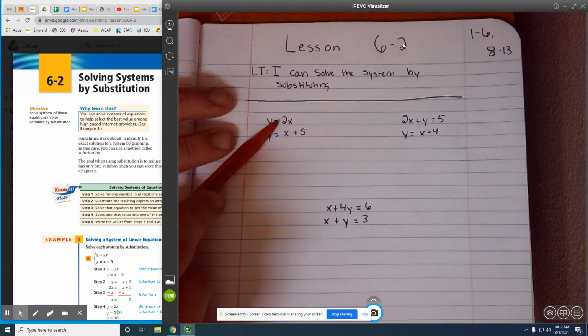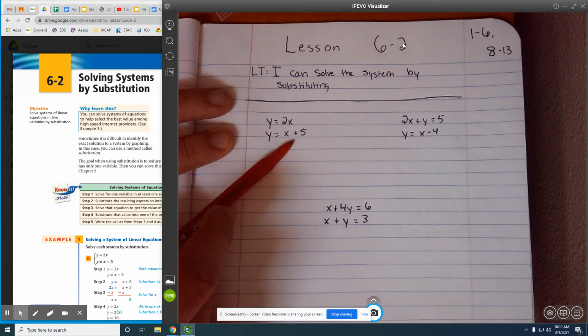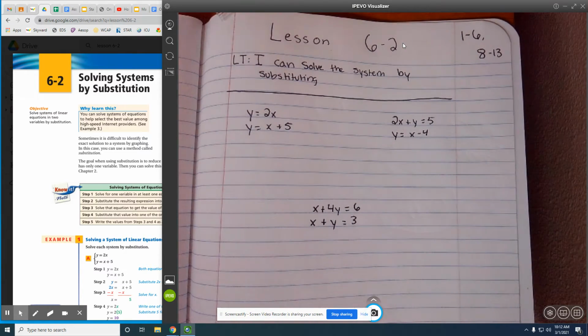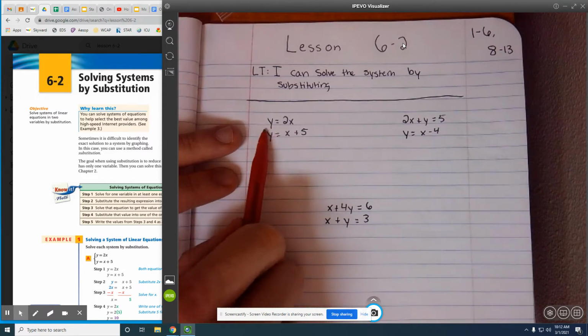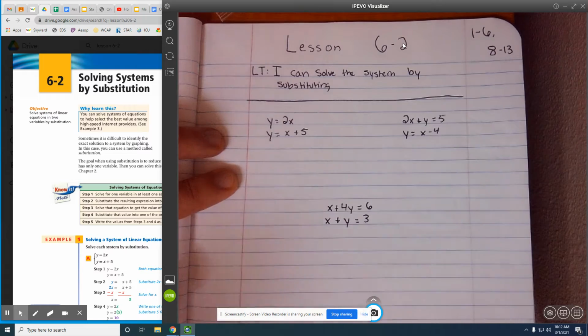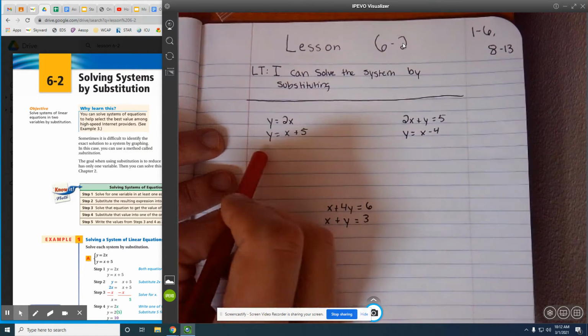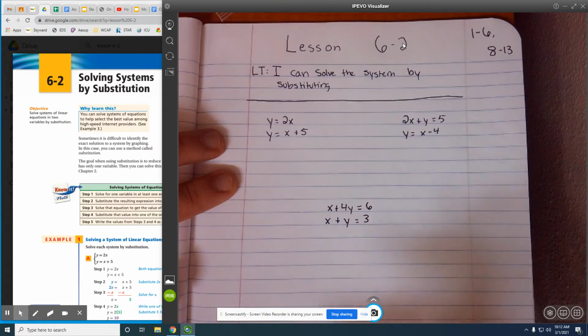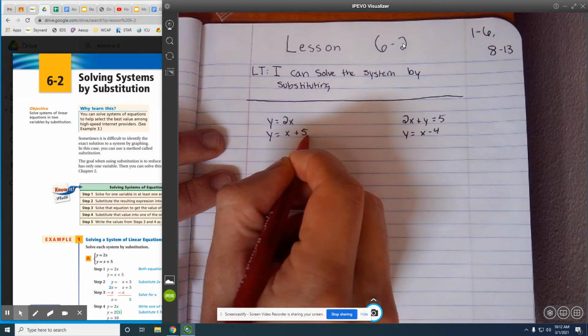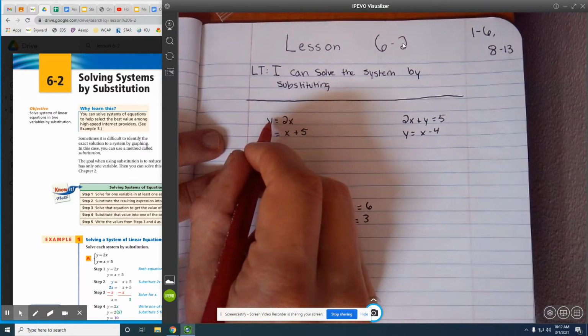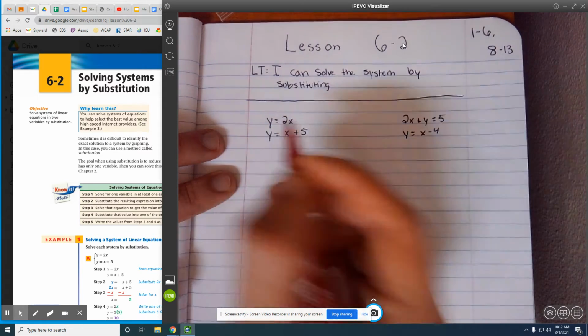Here we have y equals x plus 5 and y equals 2x. And we're going to try to solve for that solution, again, where these two lines cross over at one point. We don't know what x or y is, but we do know that y equals 2x and y equals x plus 5. So I'm going to take this x plus 5, and I'm going to plug it in here for y, because that's what y equals.